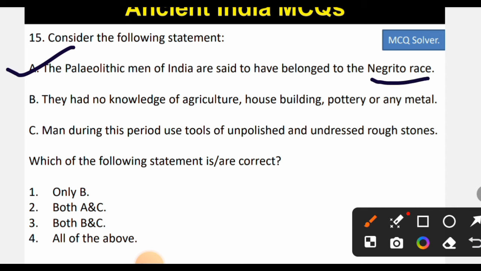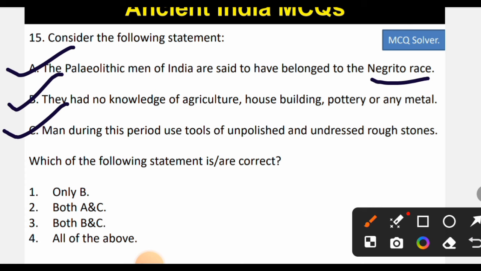Now statement B is also correct. It says that they had no knowledge of agriculture, house building, pottery or any metal. In India, they used to live in caves, like Bhimbetka cave, which is the most famous cave. Statement C is also correct. It says that man during this period used unpolished or undressed rough stones.